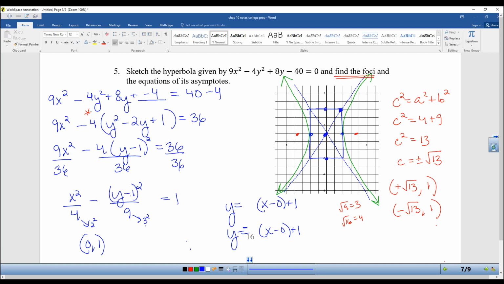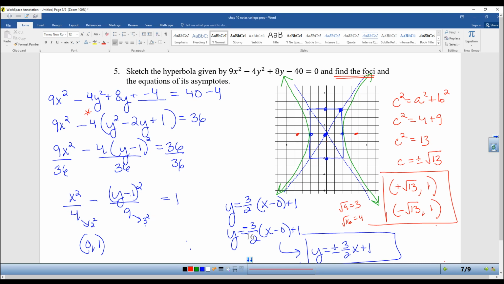So it's up 3 and over 2, or down 3 and over 2 if you're on the other one. So should you choose to rewrite them, you can do it as plus or minus 3 halves x plus 1. Those are my asymptotes. There's my foci, and there's my graph.